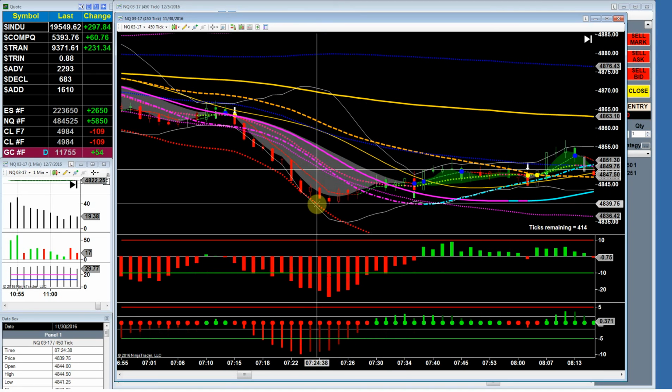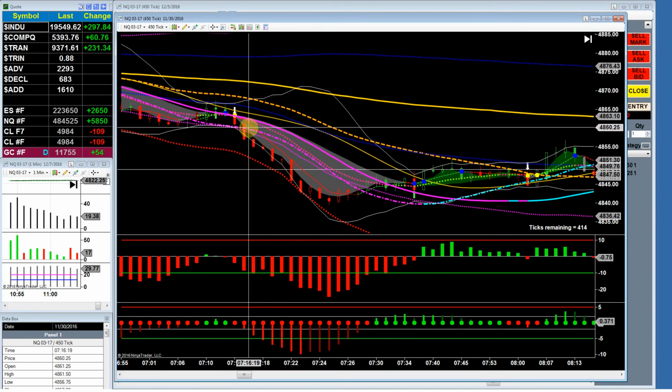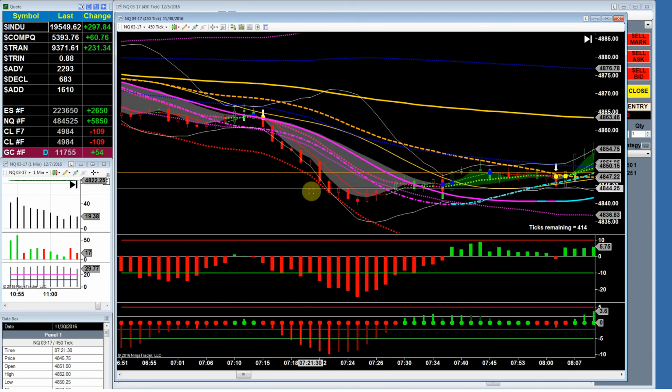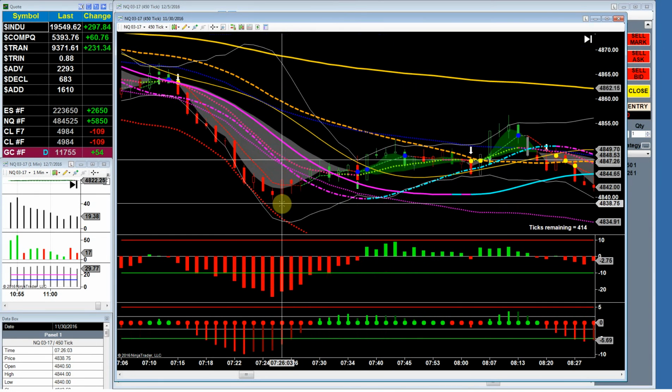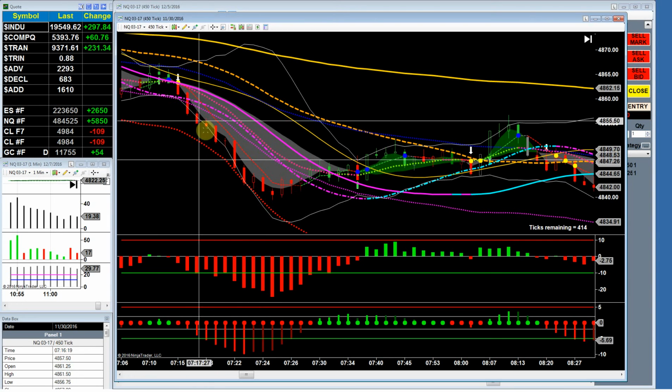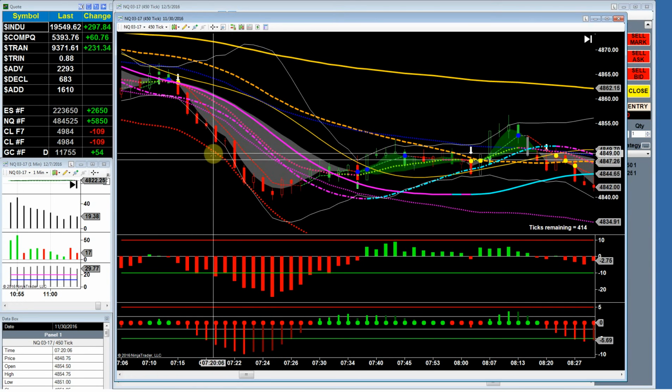Now the dynamic trend bands are starting to bottom out. You will also, I don't have them on here, but you'll have your price pressure bands that tell you when a bottom is starting to come in. And now here's an extreme move down here with the market sliding and the Bollinger Band sliding way under the red line.